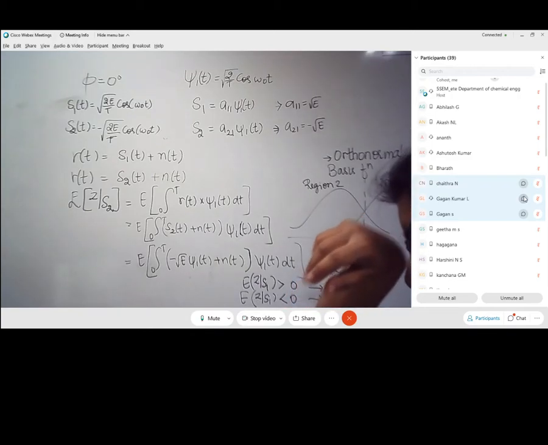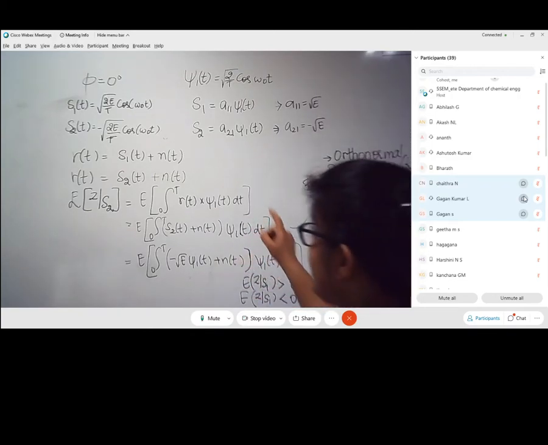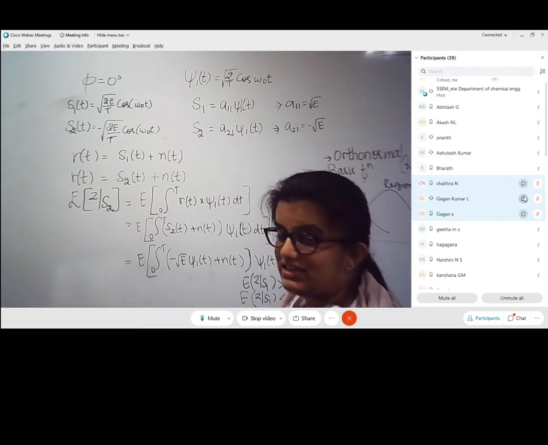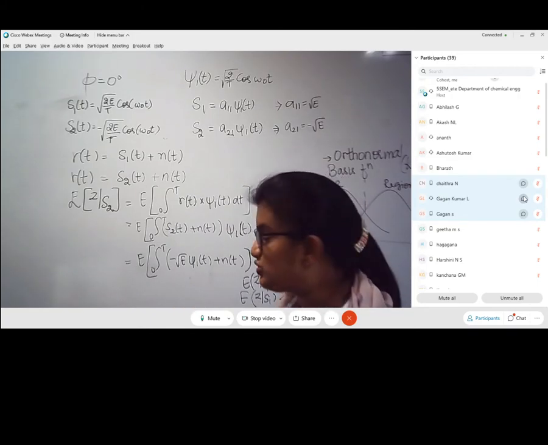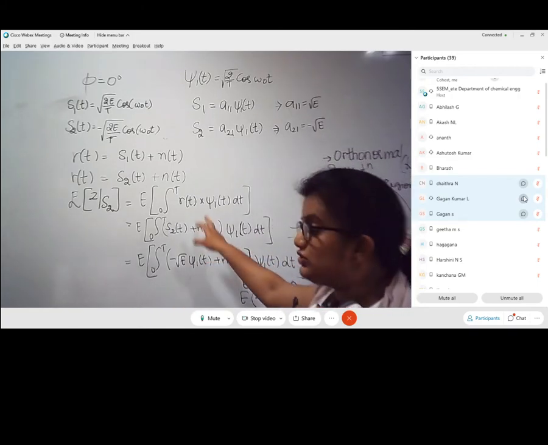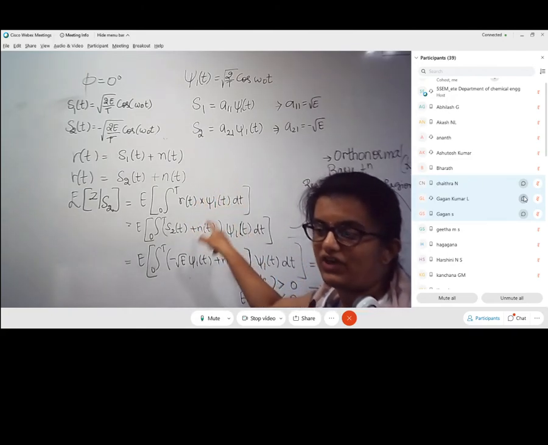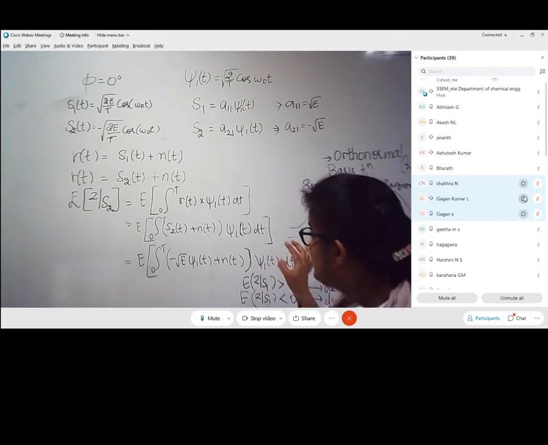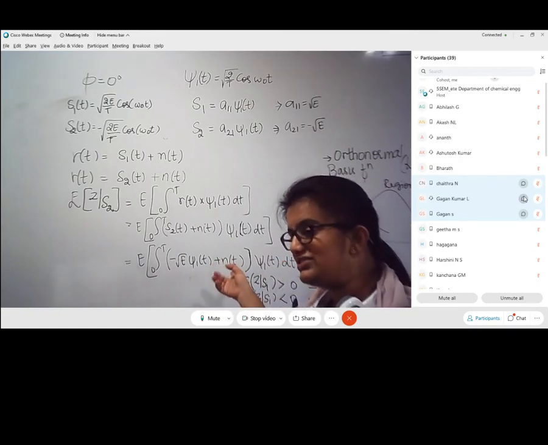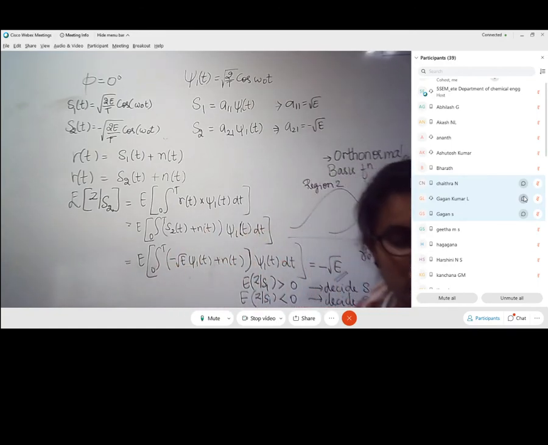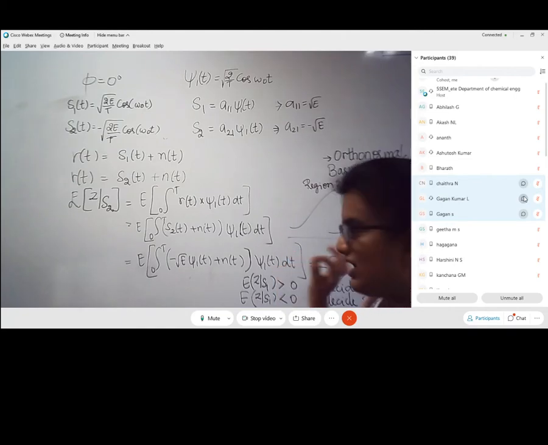Of course, what I have done here is assume the initial phase of the carrier, that is the basis function, is equal to 0. I am also assuming that the received signal is arriving at the same phase. That is very important. If it is not so, then I have to consider the phase information also. But here the assumption is that I precisely know the phase of my received signal at the receiver.